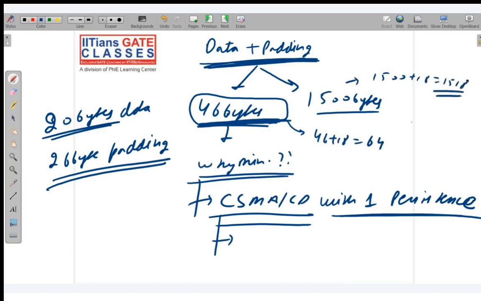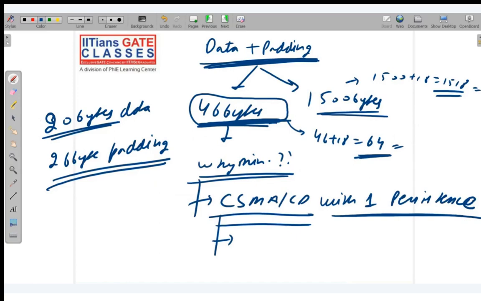So if they ask for the Ethernet frame, the minimum size of the frame will be 64 and the maximum frame size 1518. Both questions have been asked. Minimum data in the frame is 46 bytes, maximum data inside the frame is 1500 bytes. You should remember these things properly.